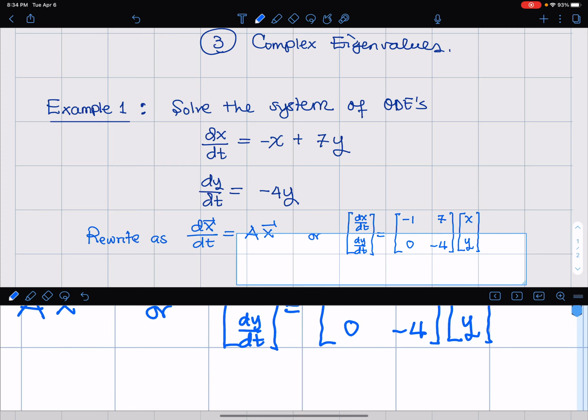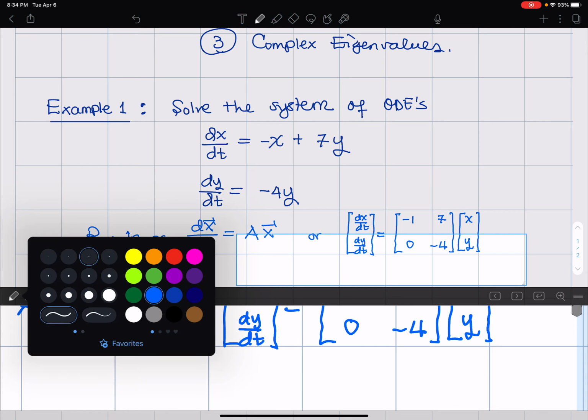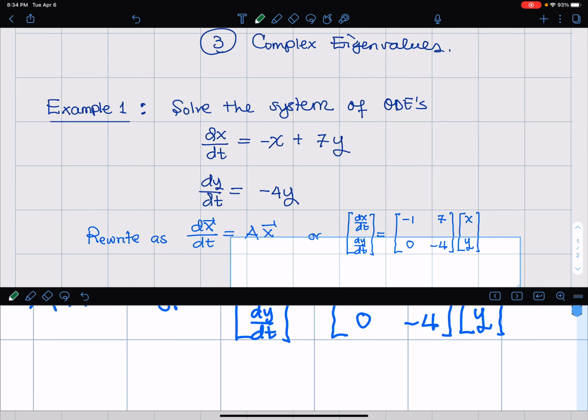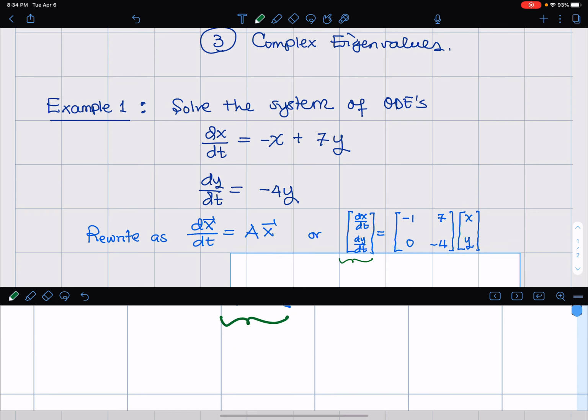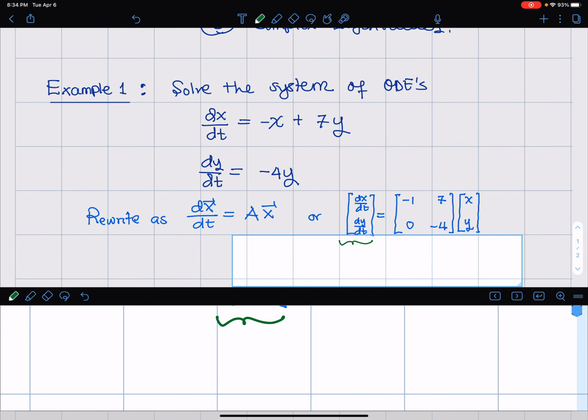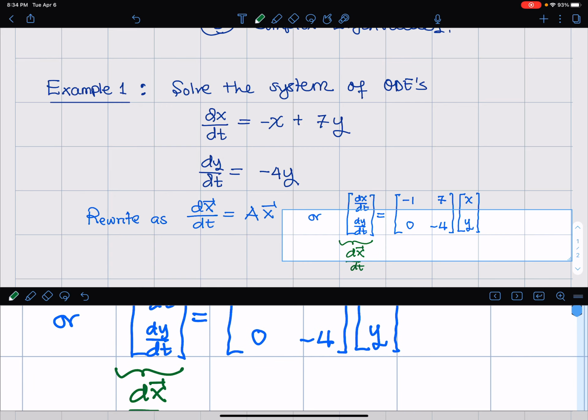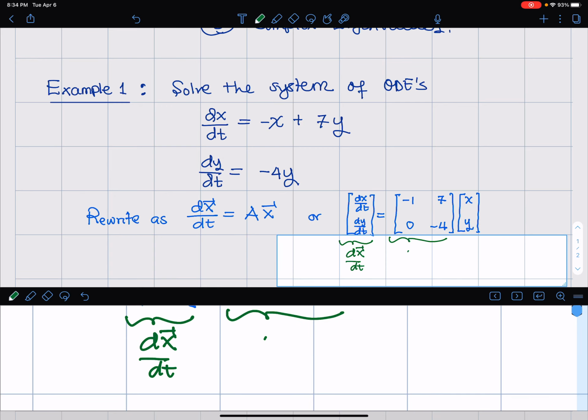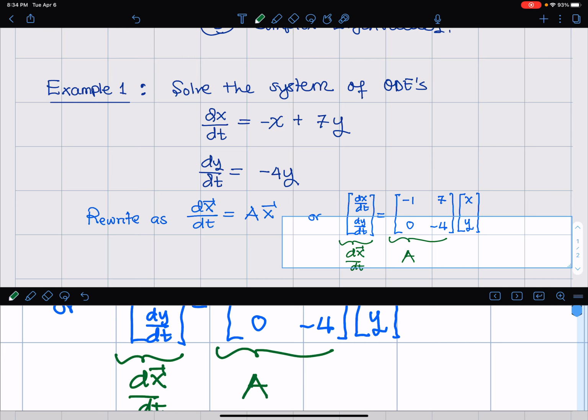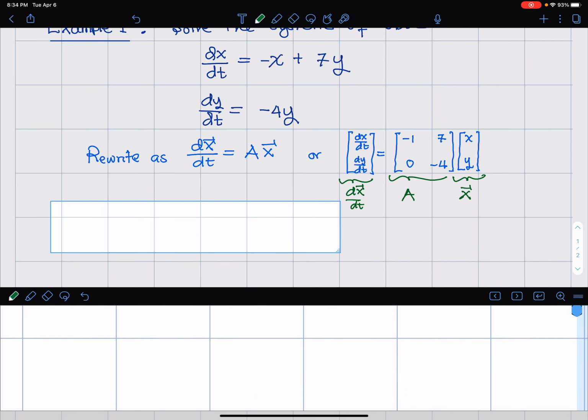If we want to be very detailed, this is our dx/dt vector, this is our A here, and this is our vector x. A is a matrix.